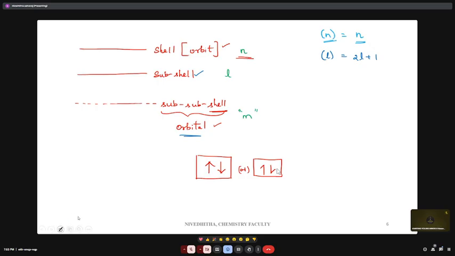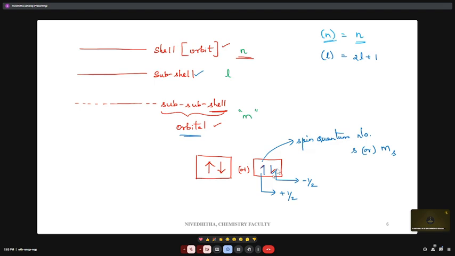The number which I'm giving for these electrons is called the spin quantum number, and spin quantum numbers are represented using small s or ms. The electron with the upward arrow is given plus half, and this is minus half. What do these arrow marks represent?